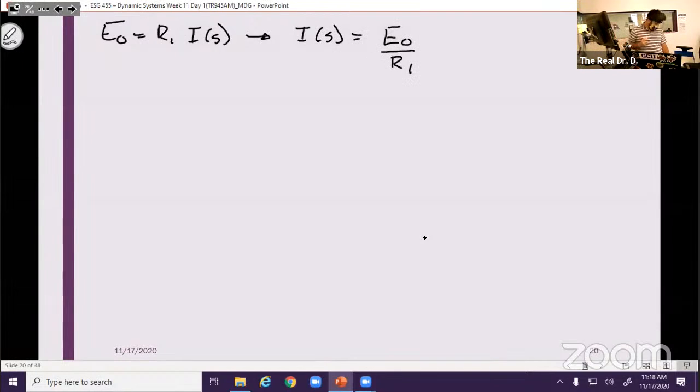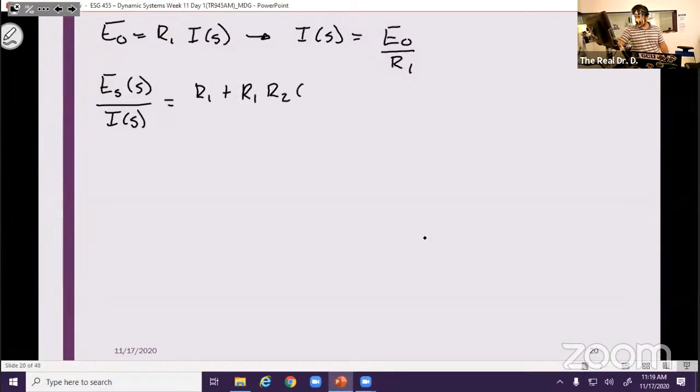So let's write down what I have here. We know that E out is equal to R1 I of S, which tells us that I of S is equal to E out over R1. I know that E S of S over I of S was equal to R1 plus R1 R2 CS plus R2 over R1 R2 CS plus 1.